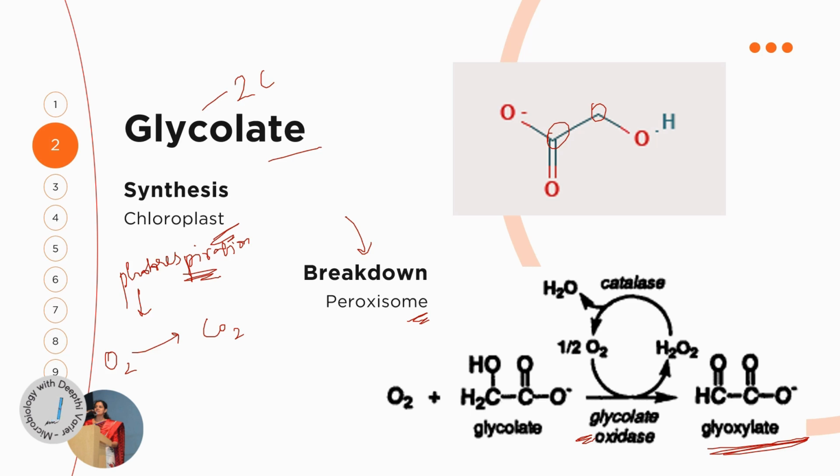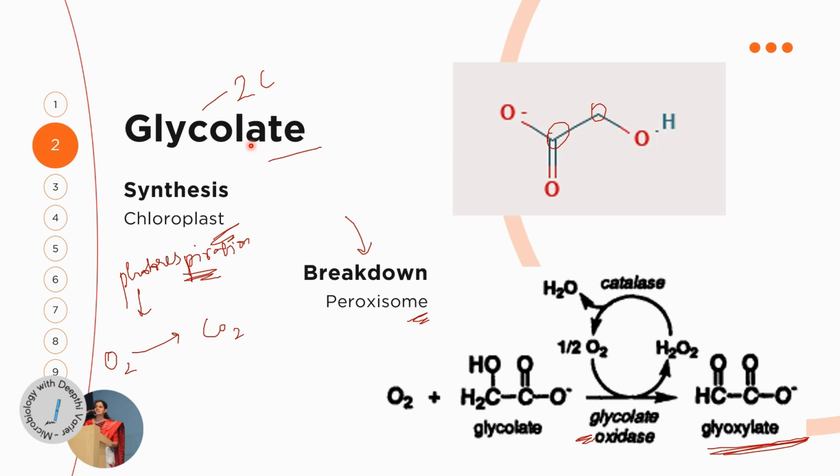It is a 2-carbon compound. It gets formed from glyoxylate. So we earlier spoke about glyoxylate that comes from glycolate. Where did glycolate come from? Glycolate came as a product of photorespiration in the chloroplast. So the breakdown of glycolate happens in the peroxisome, and this is what we are going to focus on.